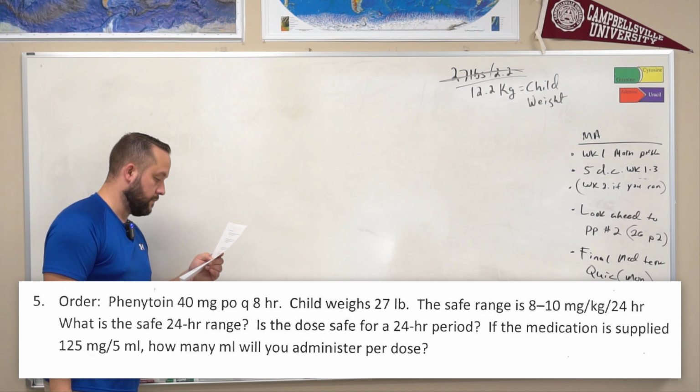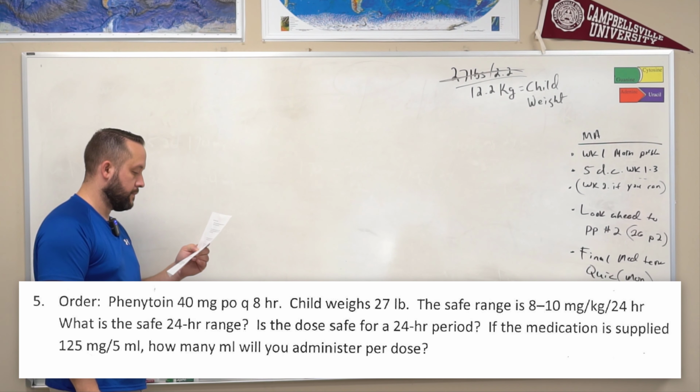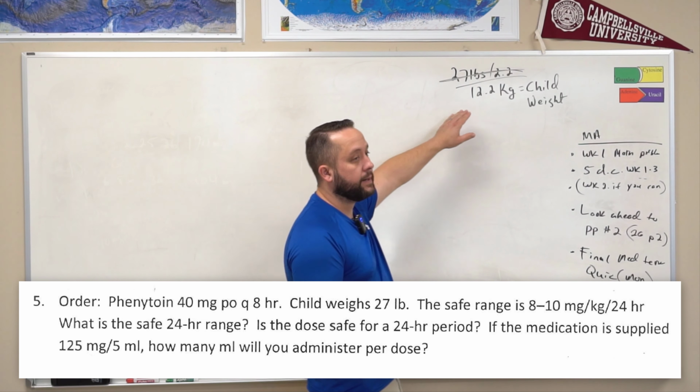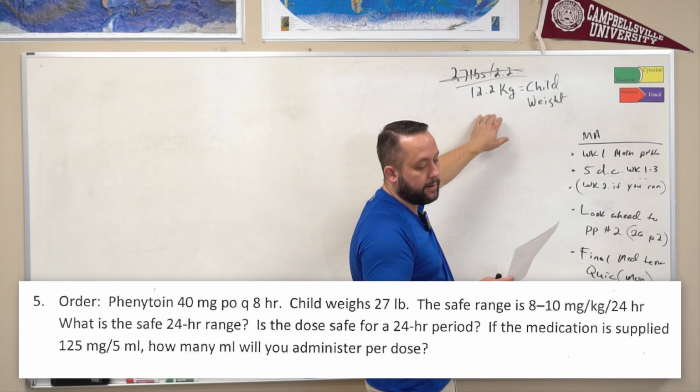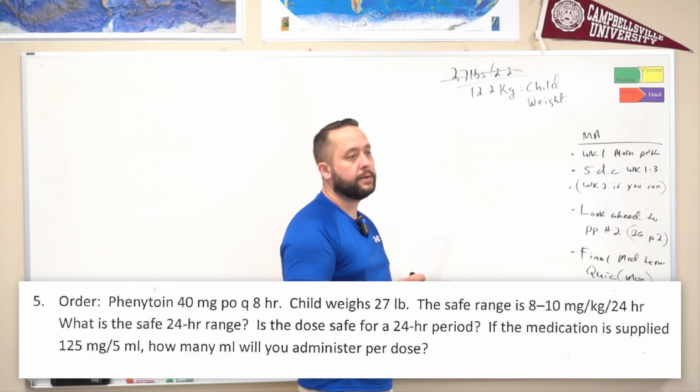Per kilogram in a 24-hour period. So I want you all to figure out the safe range for this child. Now that you've got his kilograms, you should be figuring out milligrams per kilogram per 24 hours for that range.